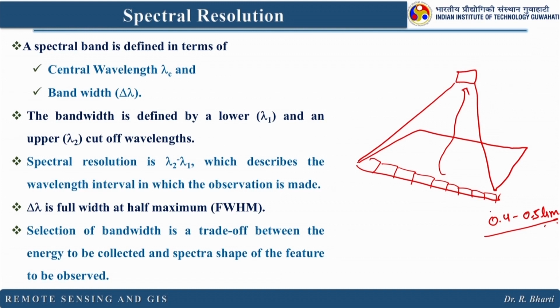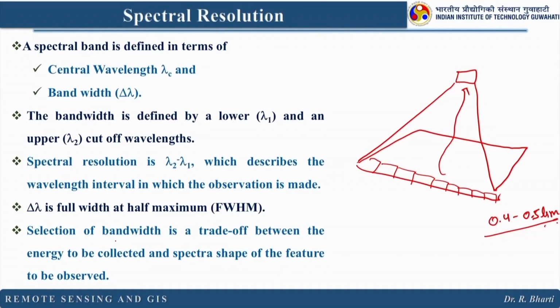So, the important point here is, what is the relationship between wavelength and energy? Wavelength is less, then energy is more. So, in the lower wavelength region you have high energy, right, and in the longer wavelength region you have less energy. So, this bandwidth is selected based on that.